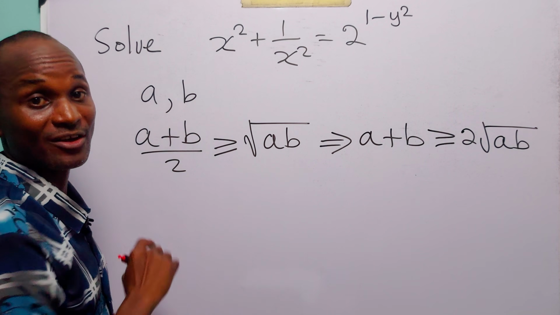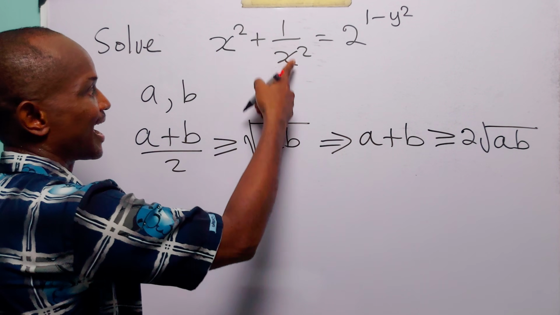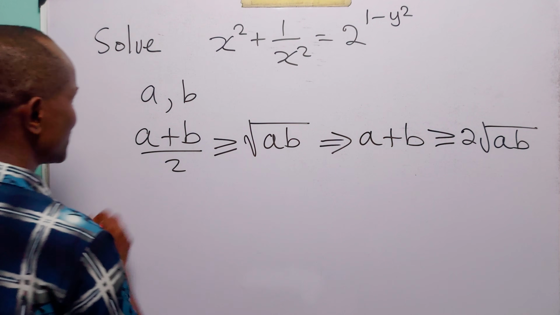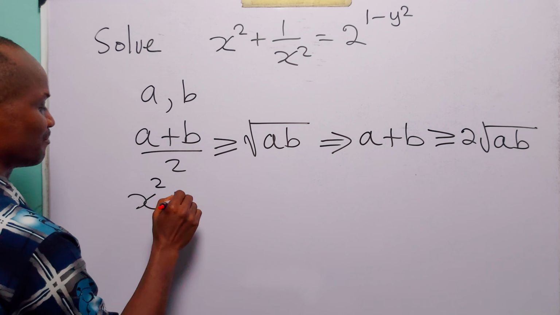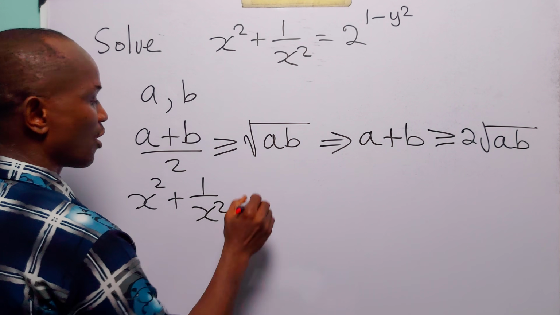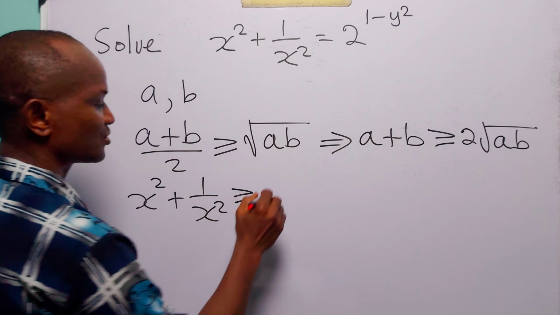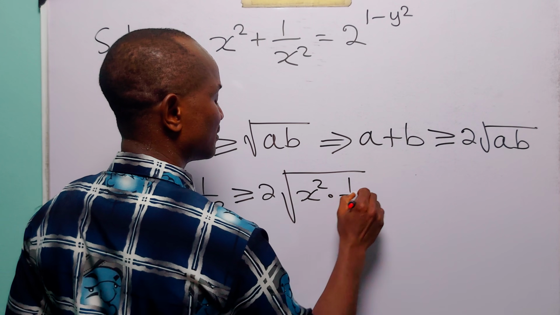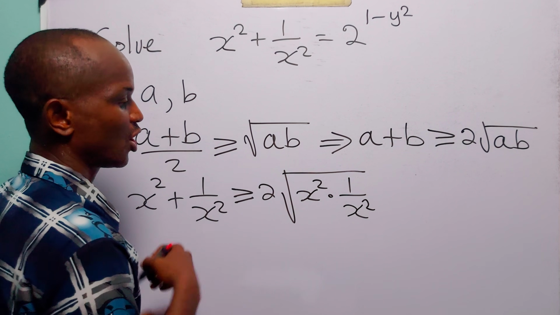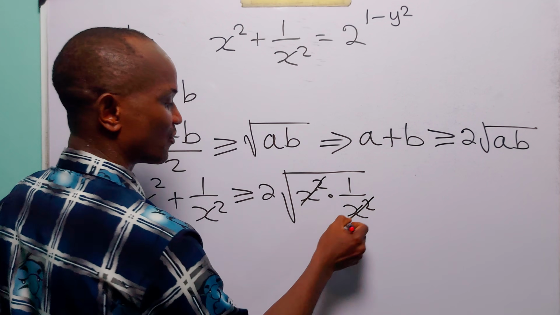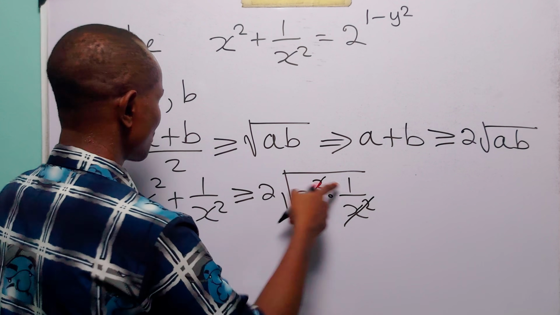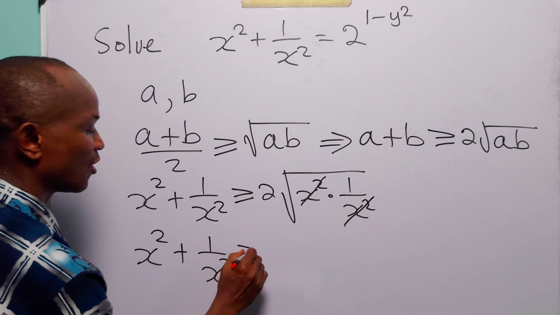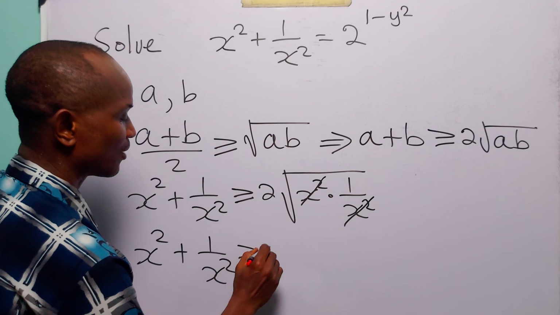Now, coming back to the left-hand side of this equation, since x squared and 1 over x squared are both positive, according to this inequality, we have that x squared plus 1 over x squared must be greater than or equal to 2 times the square root of x squared times 1 over x squared. Of course, you know that x squared times 1 over x squared is equal to 1. So we have that x squared plus 1 over x squared must always be greater than or equal to 2.